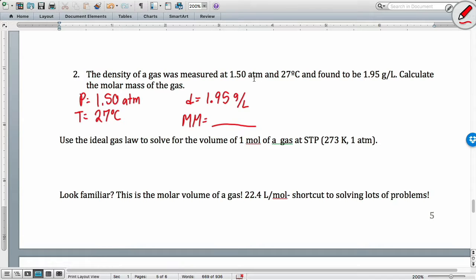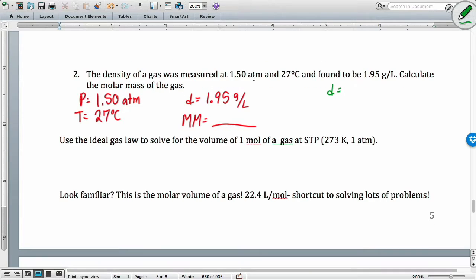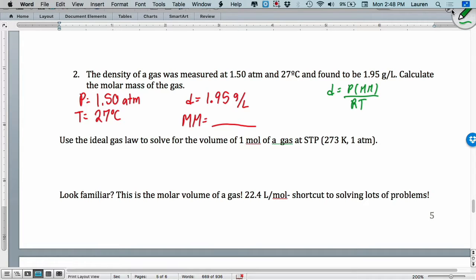So the equation that we're using, remember, is going to be density equals, scroll up and look real quick. Oh, I didn't put it there. Density equals pressure times molar mass over RT. Go ahead and plug it in, see if you can find it.